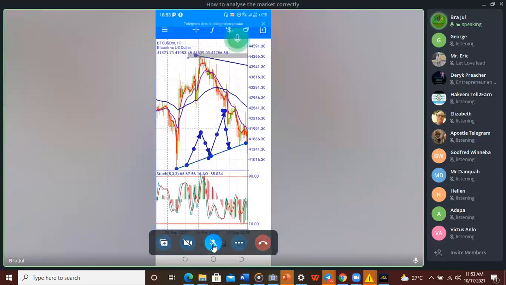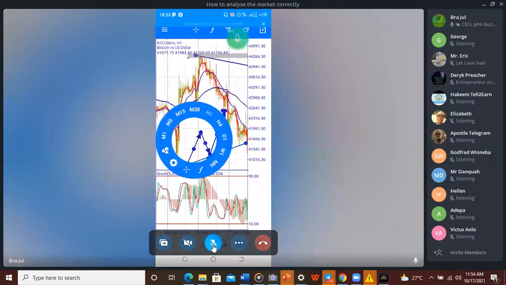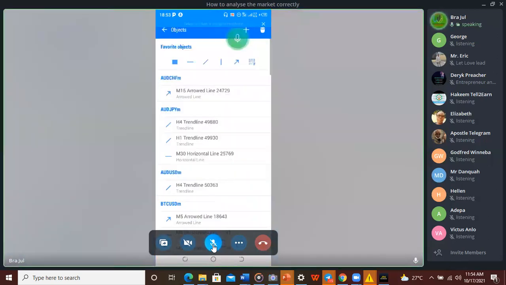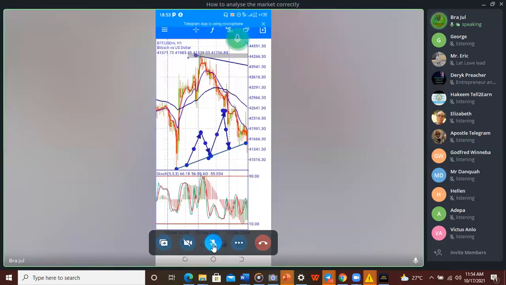Maybe when it gets here, it's going to reverse, or when it gets here, it's going to bounce back. Are you getting the point? That is the picture.